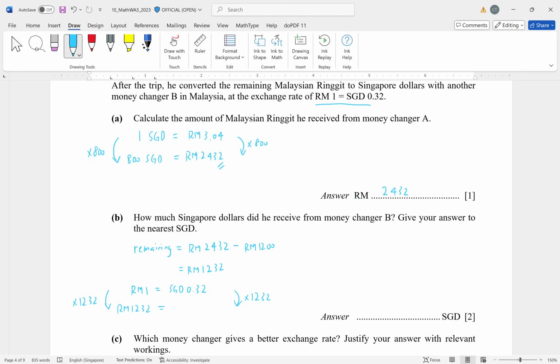So this will give me an answer of SGD 394.24. But they want it to the nearest dollar, so SGD 394 will be the answer.